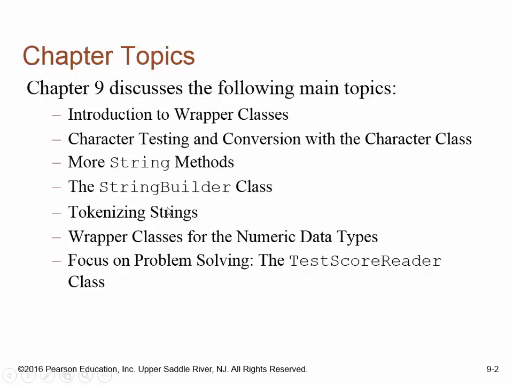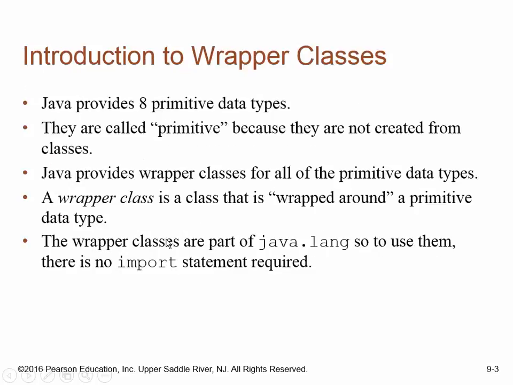You say, I don't know what that is. Well, when we look at this, for instance, if I were to put a period at the end, so if I said character testing and conversion with a character class, period, and I broke these up into tokens, I'd have 1, 2, 3, 4, 5, 6, 7, 8 tokens. We'll talk about the wrapper classes for the numeric data types, and finally there's an example at the end which goes over a reader class.